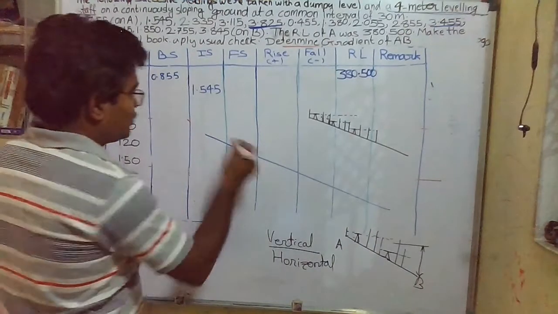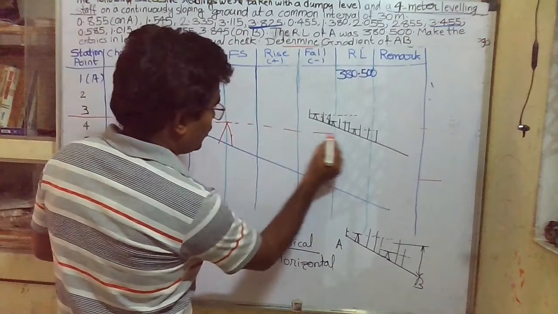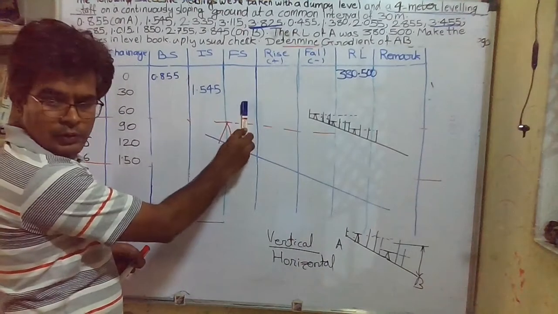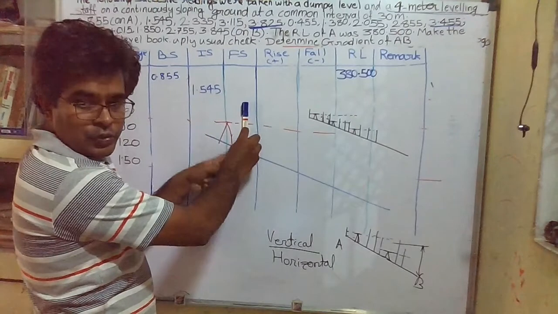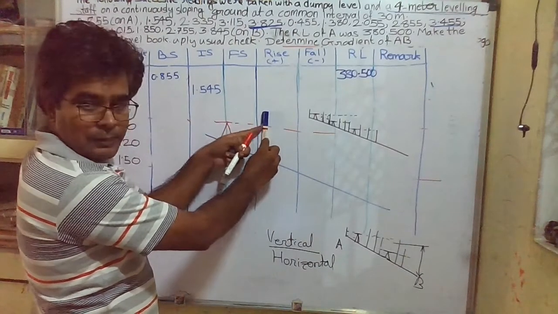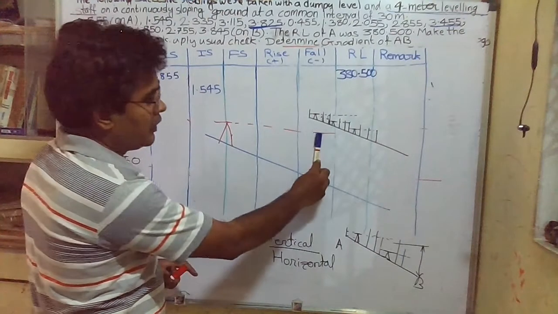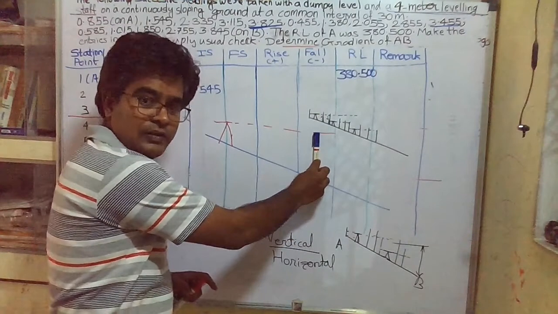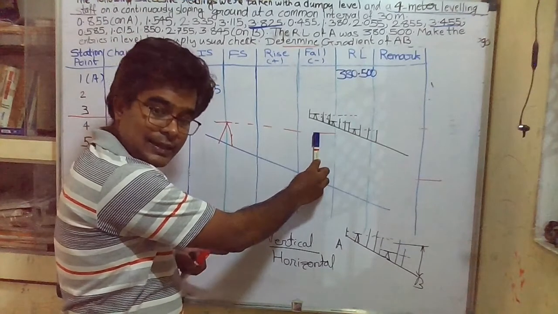If I set the instrument here, I take one reading here. I get a reading from 0 to some value, then again at the next point, the reading is increasing. Again at this point the reading increases. As it is sloping ground, our reading should continuously increase.